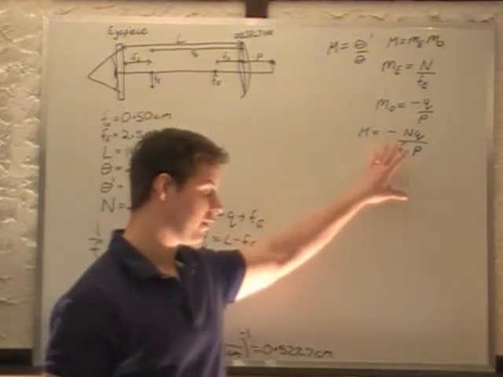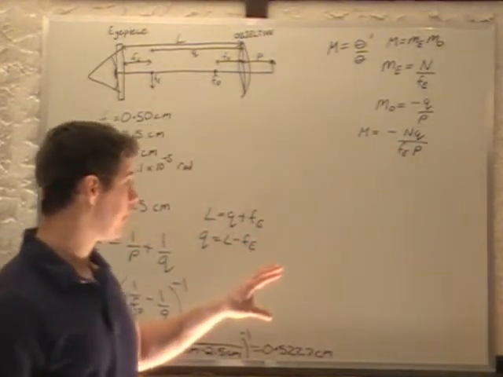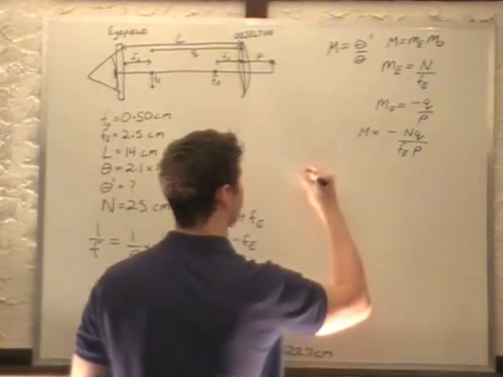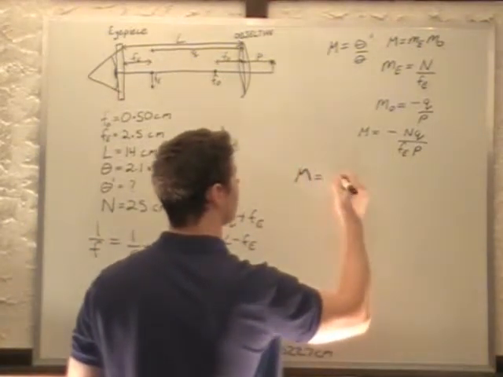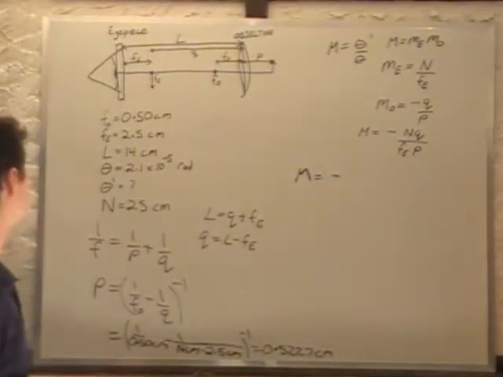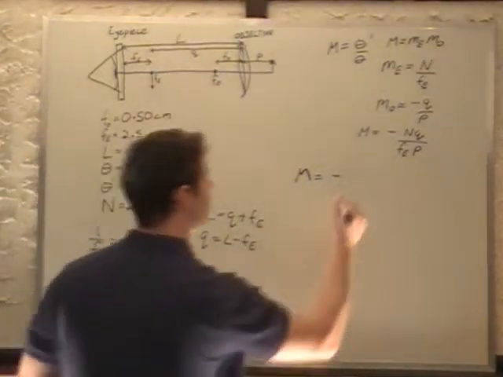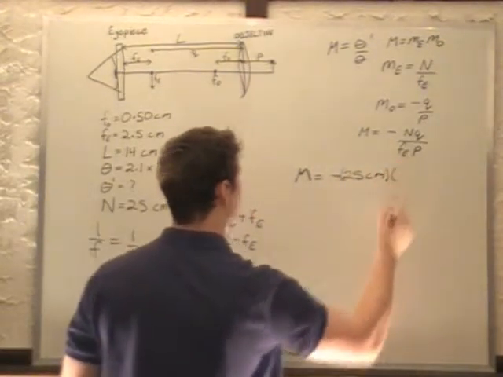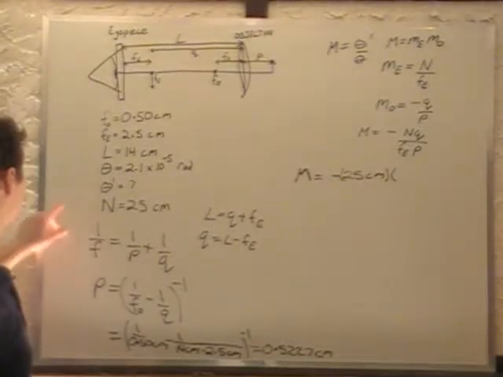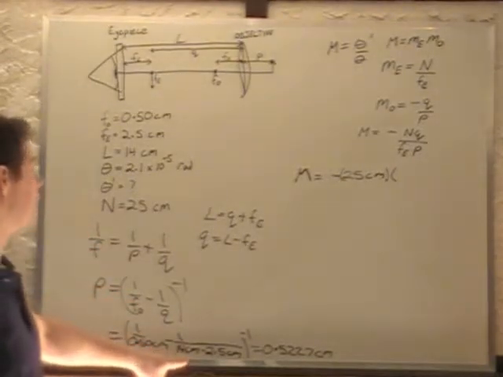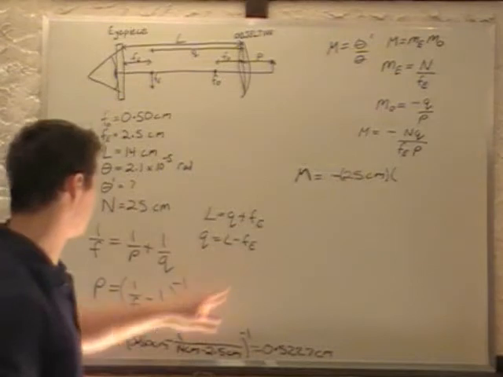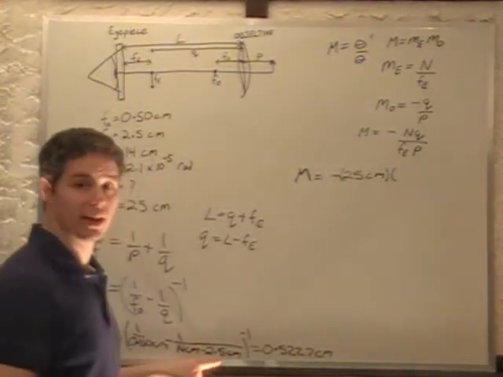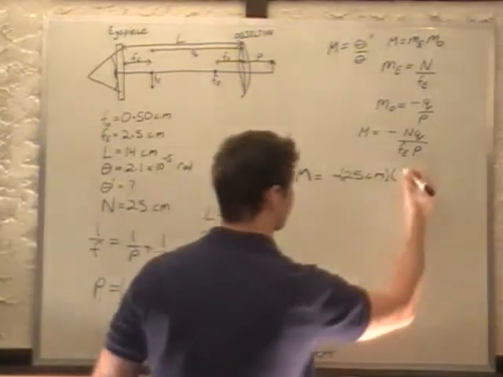We can plug all that into our magnification equation and figure out what our actual magnification is. So M equals minus N, your near point, 25 centimeters, times Q. We didn't actually figure that out, so we'll write it down: L minus F_E, so 14 centimeters minus 2.5 centimeters. That's just 11.5 centimeters.